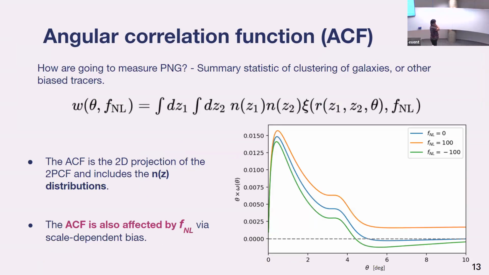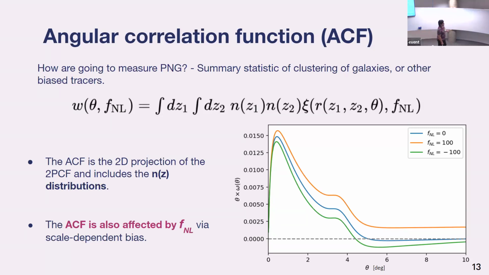So how do we measure fNL? I showed you before that the two-point correlation function can be used to measure this fNL parameter. This is kind of similar. Instead of a three-dimensional correlation function, the angular correlation function is a two-dimensional projection of the two-point correlation function, where you project the redshift dimension by using the n(z) distribution, which is the redshift distribution that I showed you before.